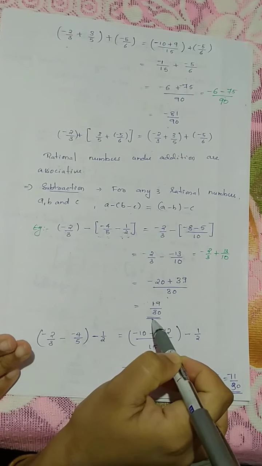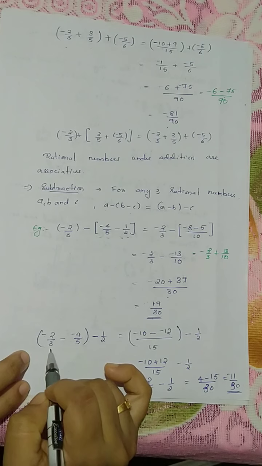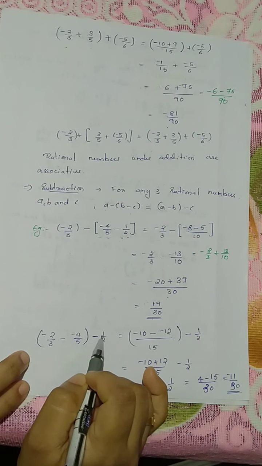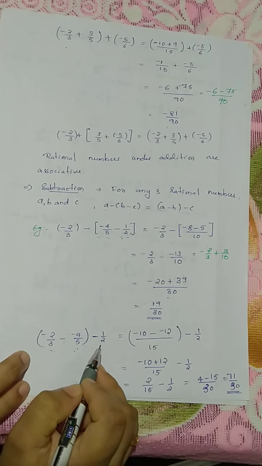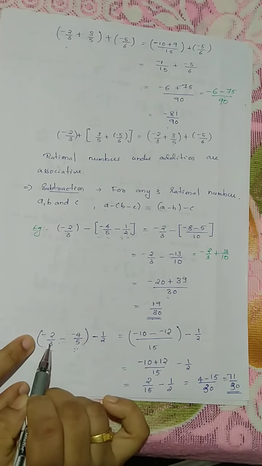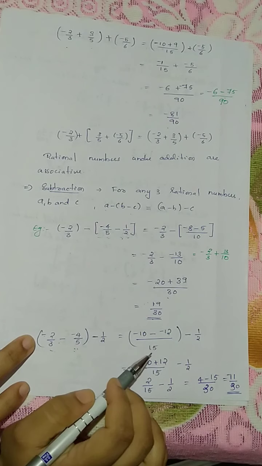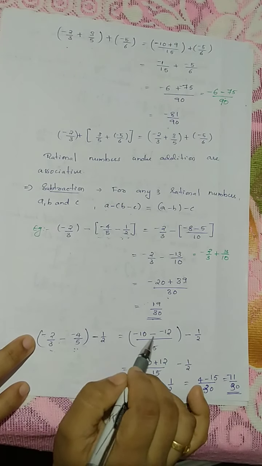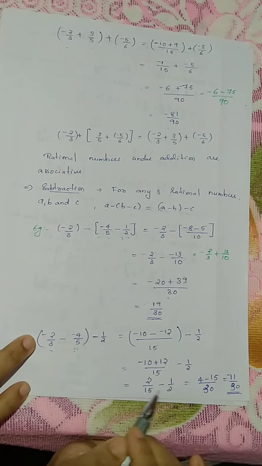Next is minus 2 by 3 minus (4 by 5 minus 1 by 2), that is equal to, the denominator is different, so we cross multiply. Minus 2 into 5, minus 10, minus 4 into 3, minus 12, divided by 3 into 5, 15, minus 1 by 2, that is equal to minus 10 plus 12 divided by 15 minus 1 by 2.